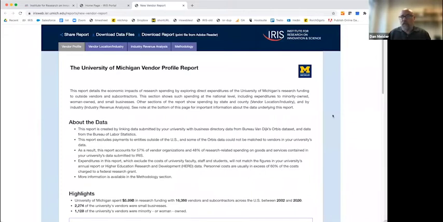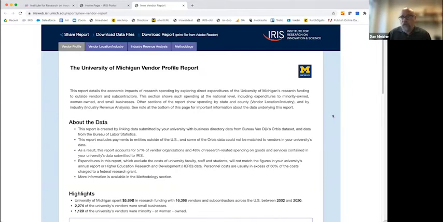For this demo, we're using data from the University of Michigan, and it's important to remember that your data will probably look quite different. For this report, we've broken down your university's data on research-related spending several different ways, including by contracts awarded to various types of businesses, by geographic concentration, and by specific industries.